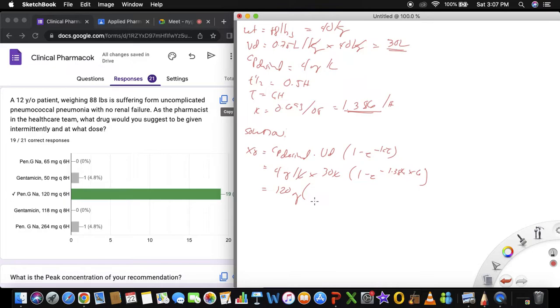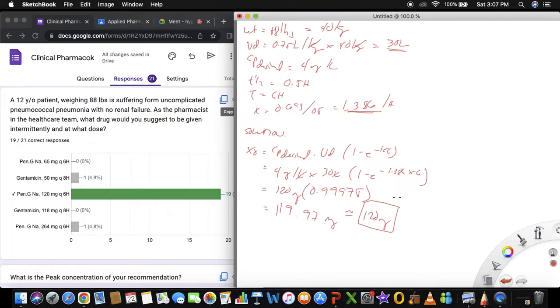Then 1.386 times 6, shift ln, negative answer, 1 minus answer gives 0.99975. So times 120, you'll get 119.97 milligrams. So let's say, class, 120 milligrams.